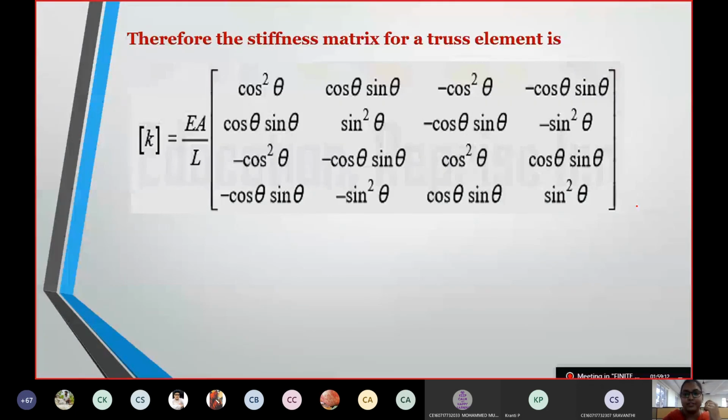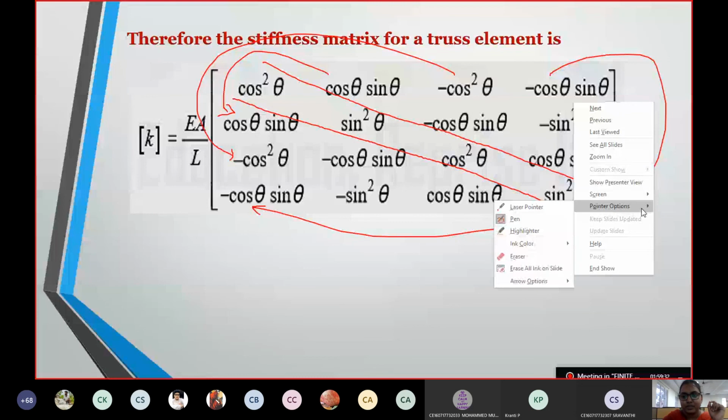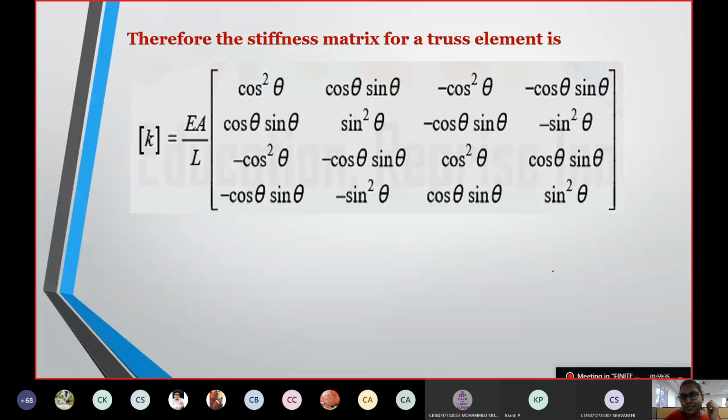All right, you can make the final note. The stiffness matrix is a symmetric matrix. If you see from the diagonal, you can see that there are same terms. I hope you know what is symmetry. All right. So stiffness matrix is a symmetrical matrix.